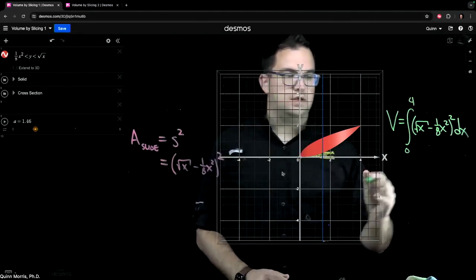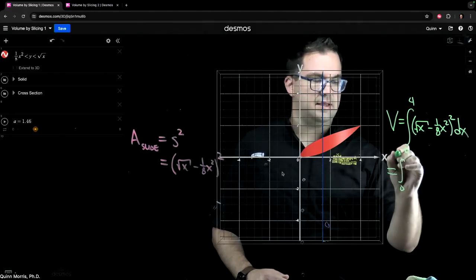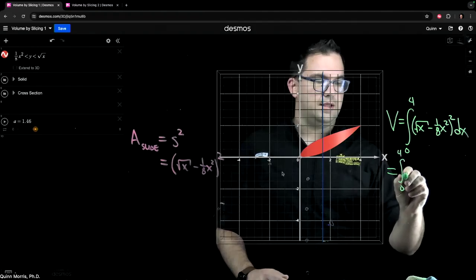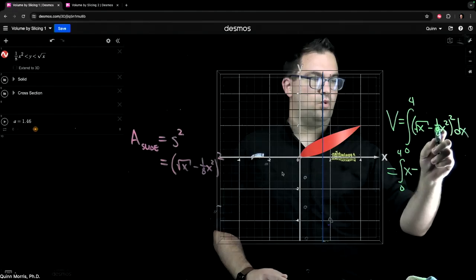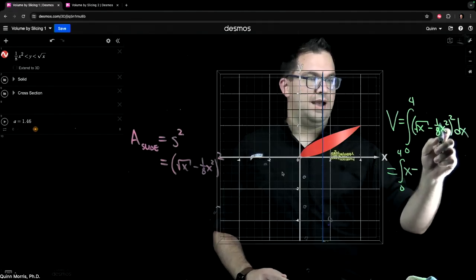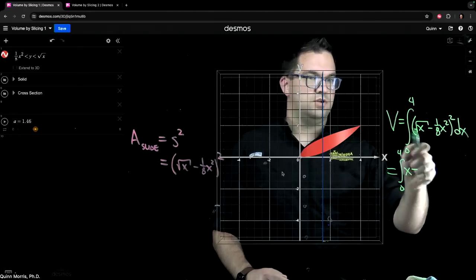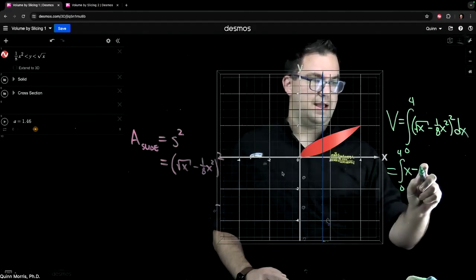Now, in order to calculate this, the first thing I'm going to do is expand the integrand here. So if I square this, I will get x, and I'll get minus 1/8 x squared times the square root of x. So that's x squared times x to the 1/2, or x to the 4/2 times x to the 1/2.